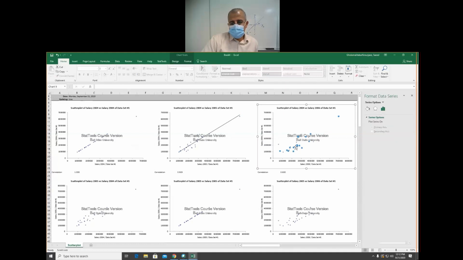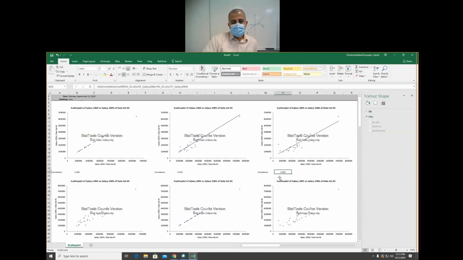Here, these dots are scattered. The relationship is not as good as the first one, but it is still a linear relationship. We have some outliers like this one. These dots. And you see the correlation is 0.8. The correlation is lower than the previous one.